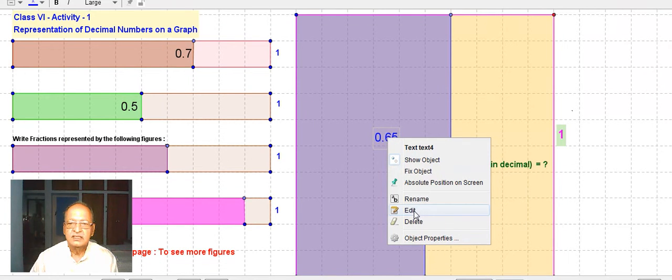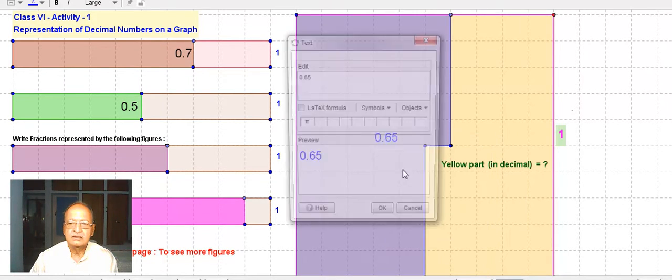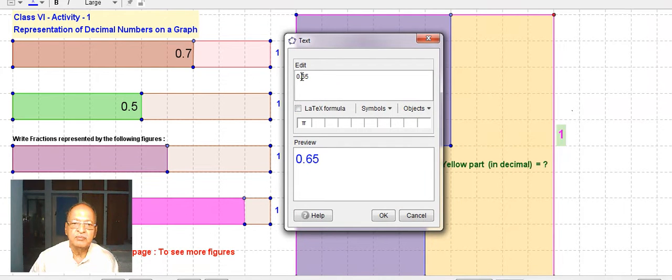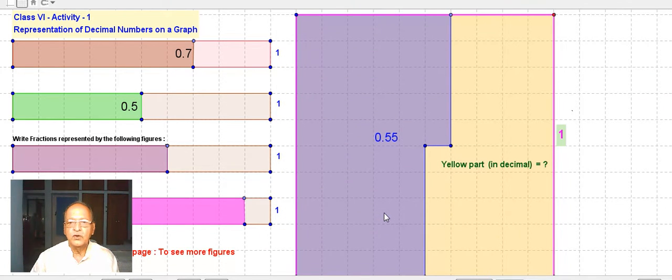So it is 0.55. Now we will count the yellow portion: 10, 20, 30, 40 and this is 45 out of 100.